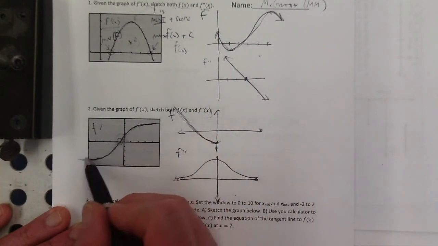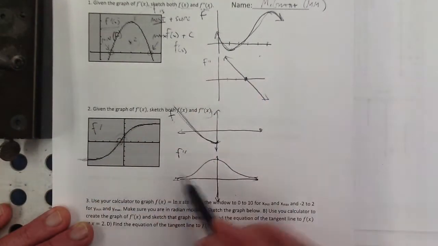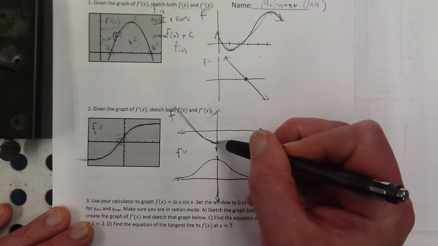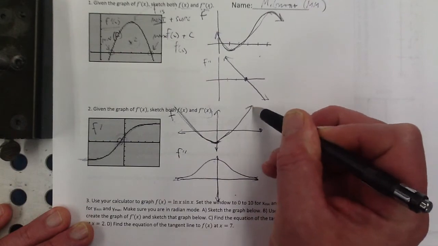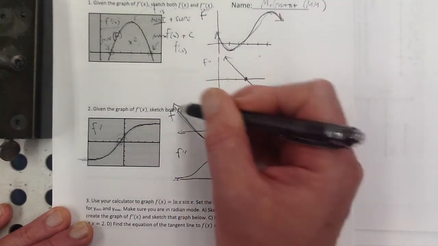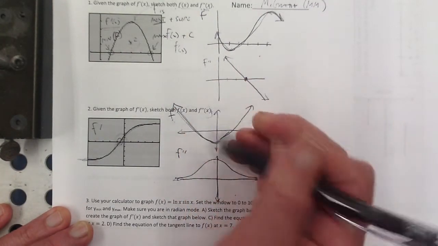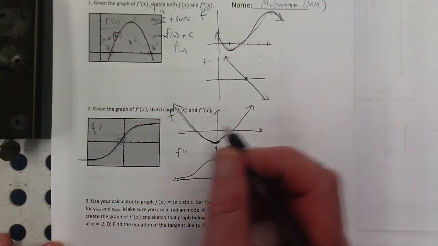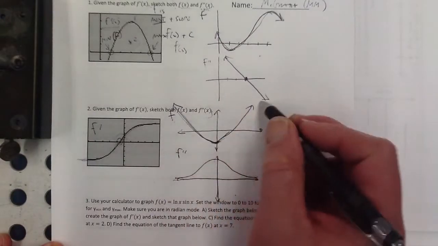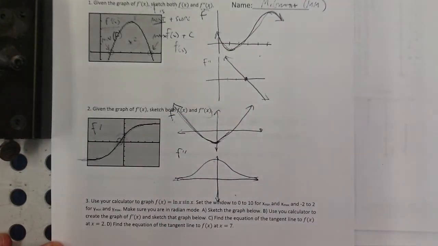A parabola would not have a derivative that looks like this. A parabola would have a derivative that's a straight line. There are lots of curves out there in the world, and not every bendy, uppy kind of shape is a parabola. This is something else that must look something like this, that f function.